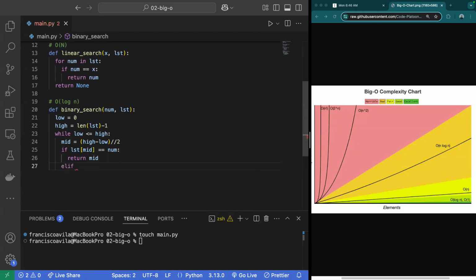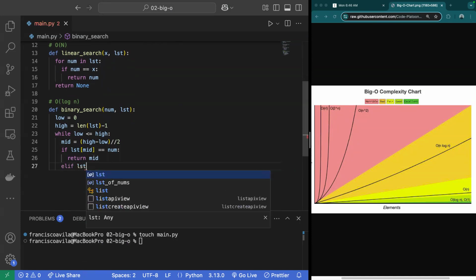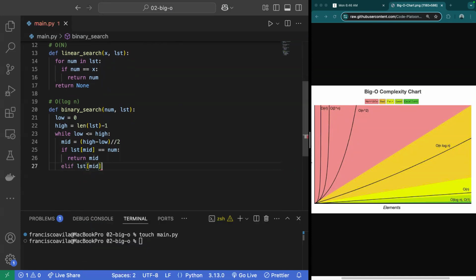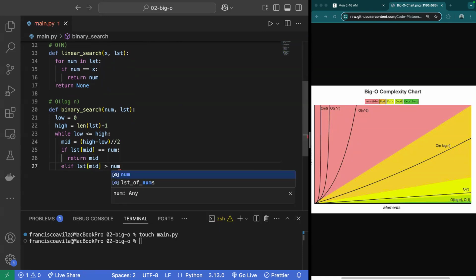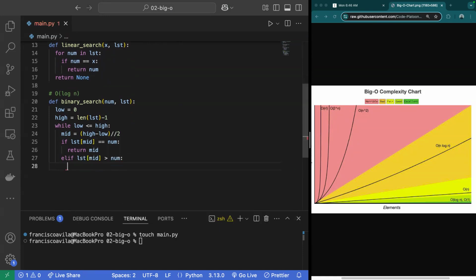Elif the list at middle is greater than the target, then we want to shift high.